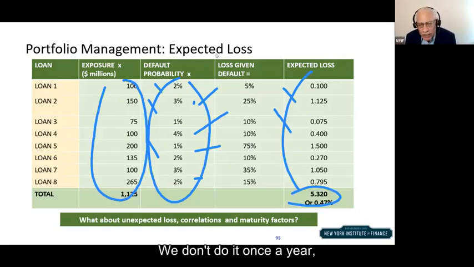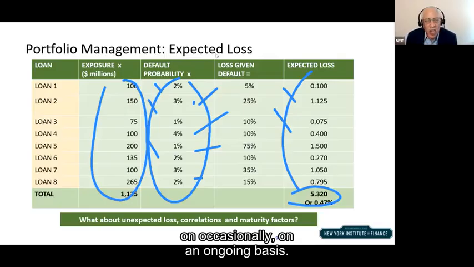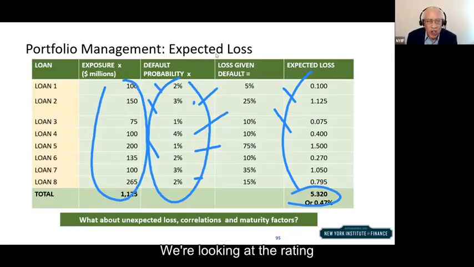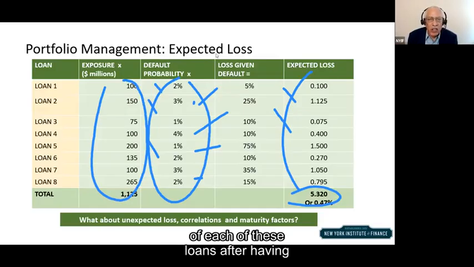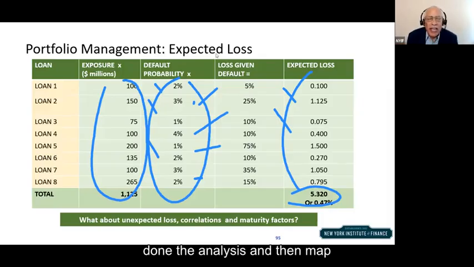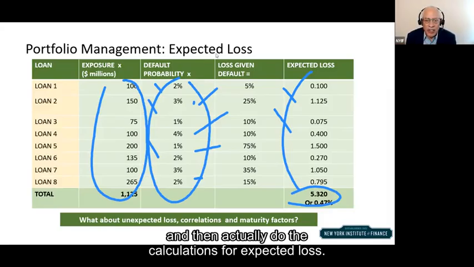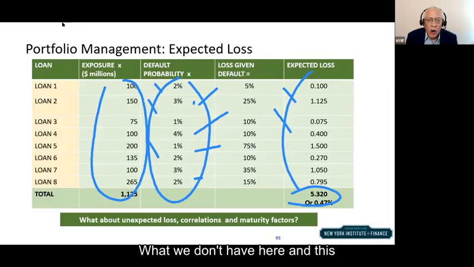We don't do it once a year, occasionally. On an ongoing basis, we're looking at the rating of each of these loans after having done the analysis, and then map that into a default probability, and then actually do the calculations for expected loss.